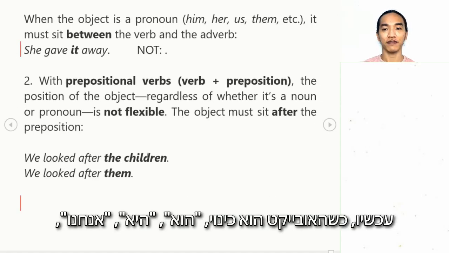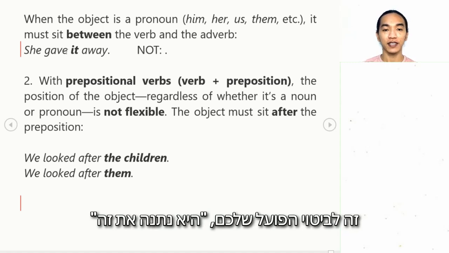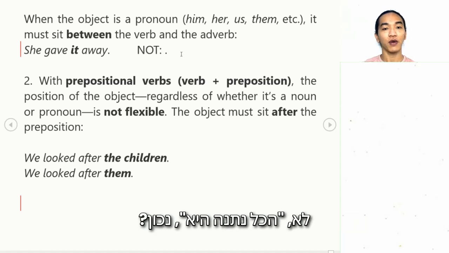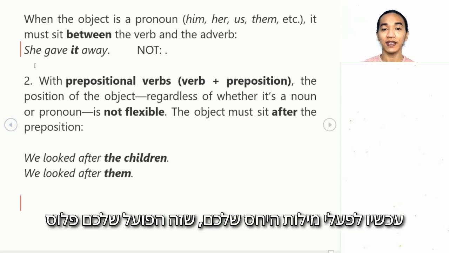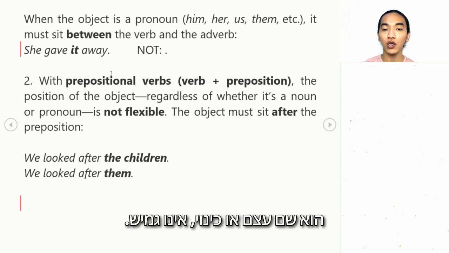Now, when the object is a pronoun, him, her, us, them, it must sit between the verb and the adverb. This is for your phrasal verb. She gave it away, not she gave away it. Now, for your prepositional verbs, which is your verb plus preposition, the position of the object, regardless of whether it is a noun or a pronoun, is not flexible.